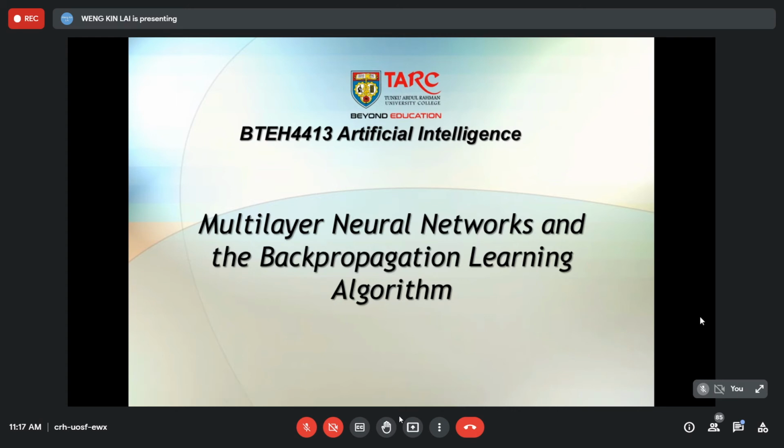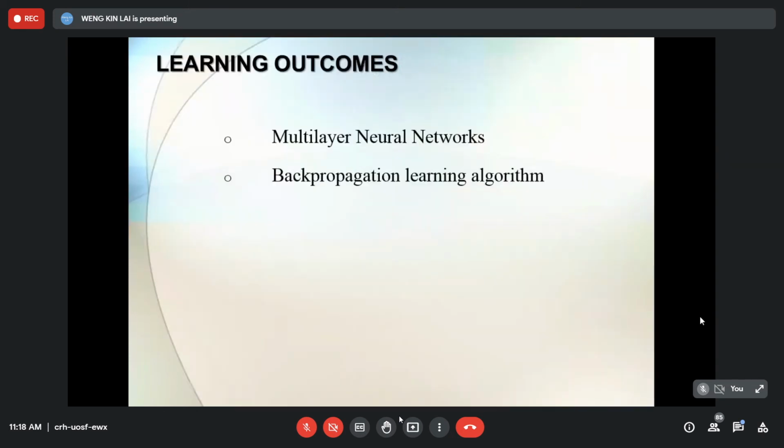Good morning again. Welcome to this new topic of multi-layered neural networks and the back propagation learning algorithm. So, what are the learning outcomes?